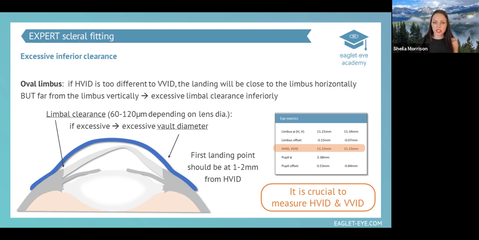And so if we select a lens design on an eye that has a difference in the horizontal and vertical limbus, and we don't accommodate for that in these types of patients, we can be adding to that excessive inferior clearance. Now, we always want to land at least a little bit out from the HVID so that we don't induce any limbal touch.